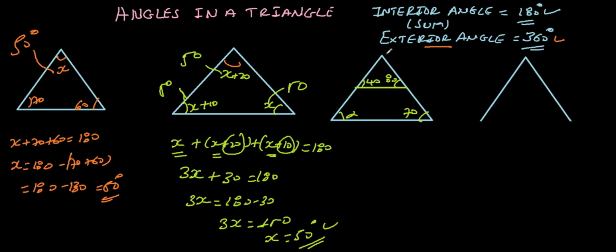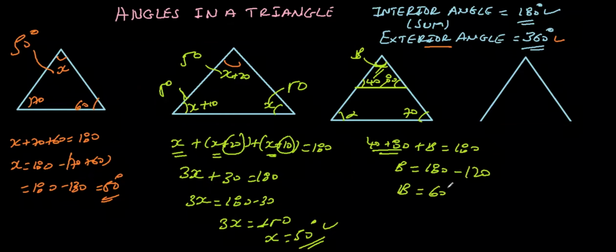What you are going to do first is define the upper triangle. So 40 plus 80 plus this unknown value, let us call it beta, must be 180 degrees. So beta is 180 degrees minus 40 plus 80, which is 120. So beta is 60 degrees, right? So this is 60 degrees.